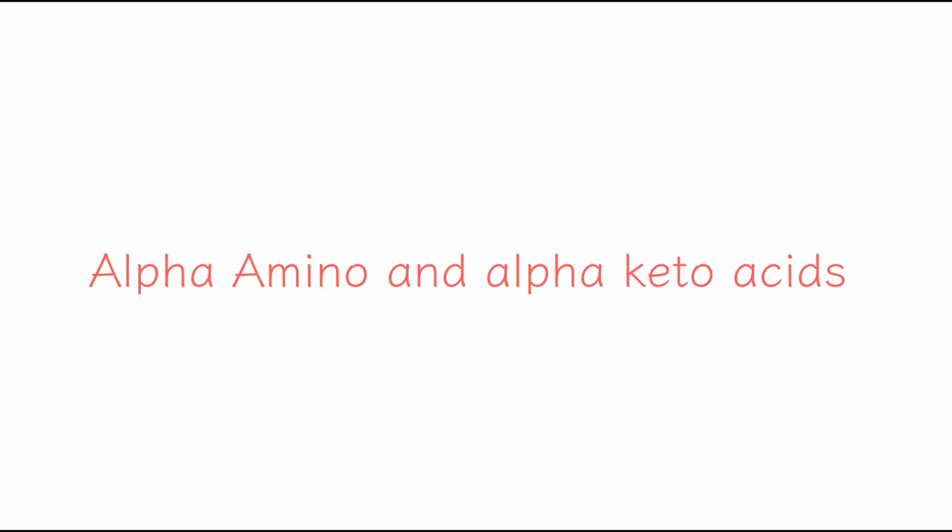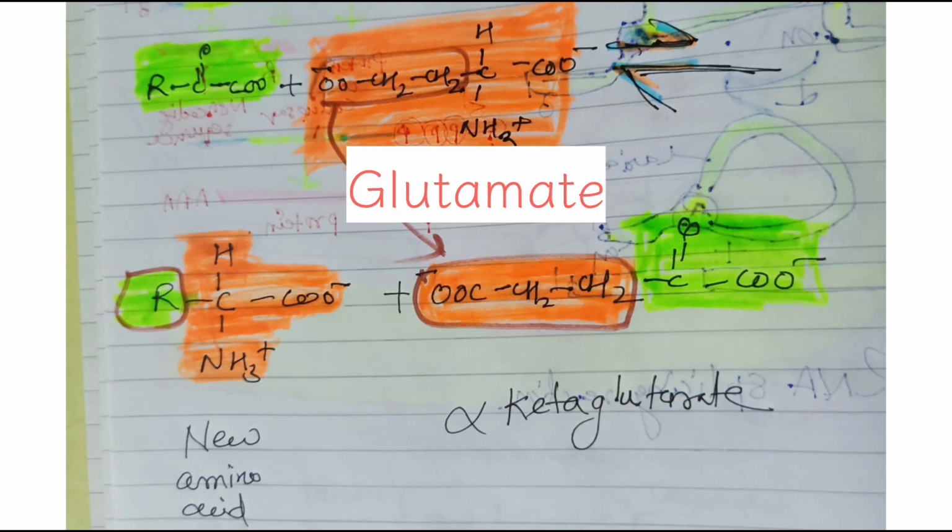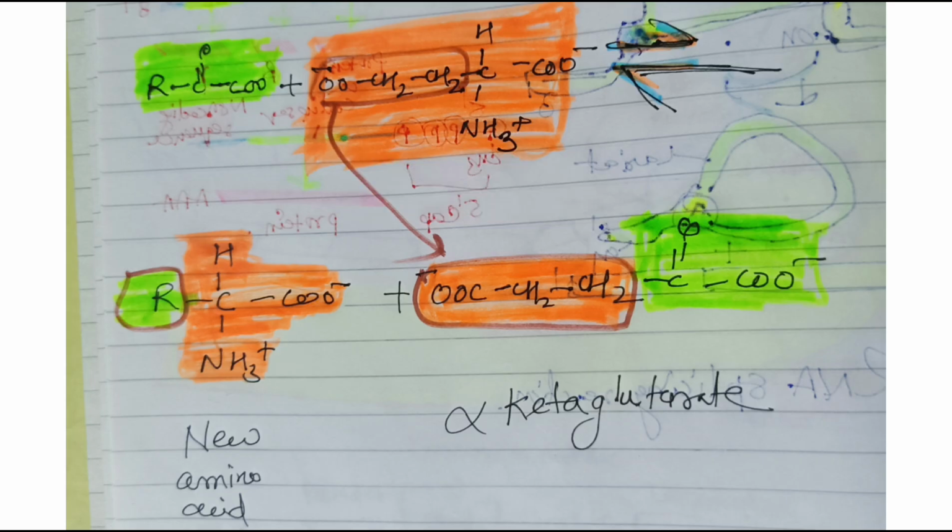So aminotransferases bind a wide range of amino acids, and most of them use glutamate as an amino group donor. So the amino group from glutamate can be transferred to an alpha keto acid by a transamination reaction.